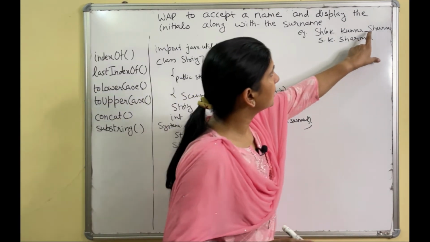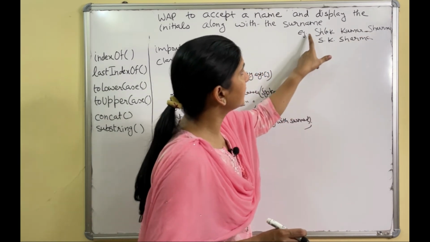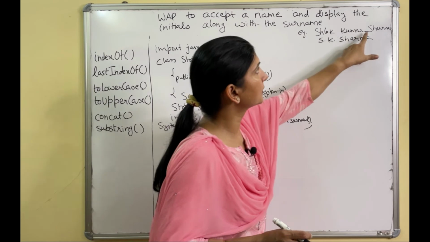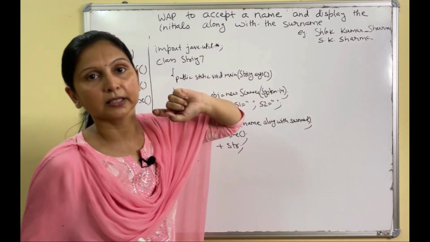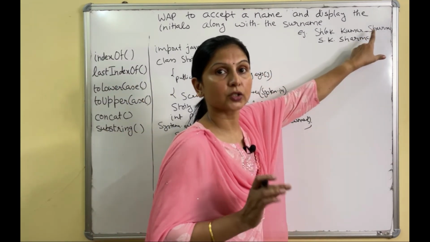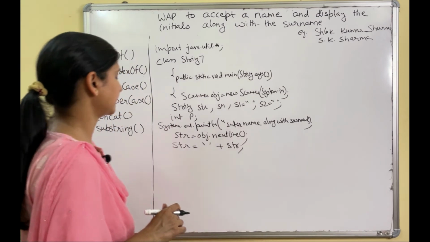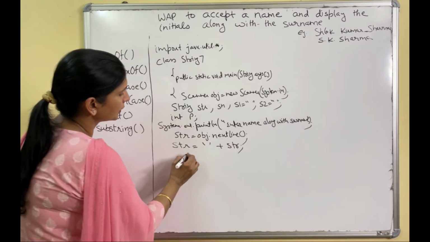Now we want the index of this blank space. So blank space is at three places, 1, 2 and 3, and I want the index of this. So which function shall I use here? lastIndexOf. It will return the index of last occurrence of the specified character, right? So P, I have taken one variable for index.